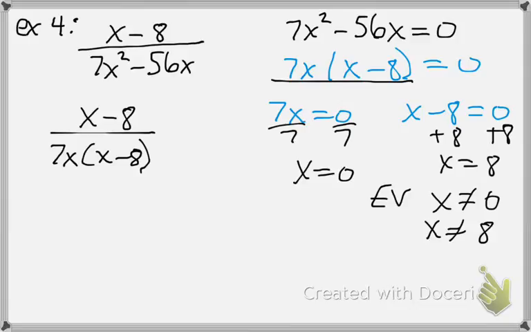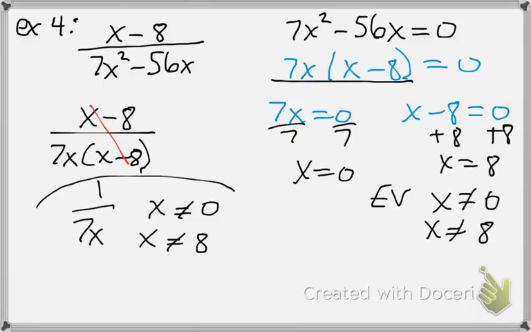In the numerator we have an x minus 8, and in the denominator we have an x minus 8. That divides to equal 1, so we can cancel those out, leaving us with a 1 over 7x. And the other part of my final answer is that x cannot equal 0, and x cannot equal 8. And here is my final answer.